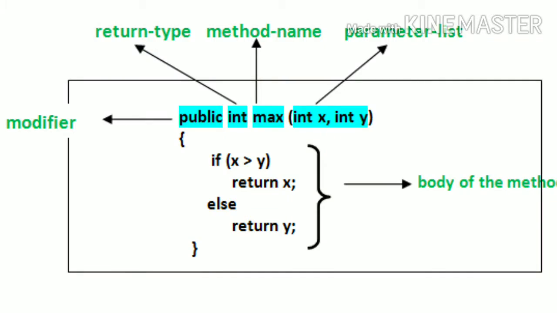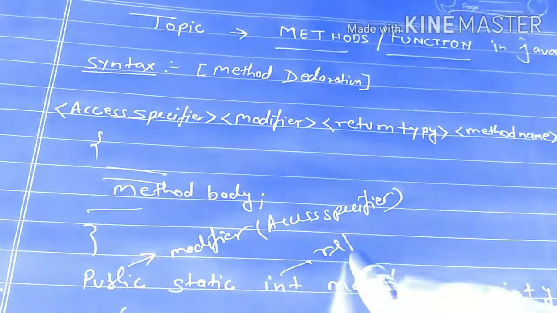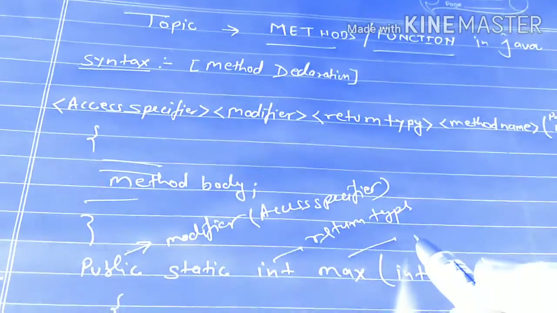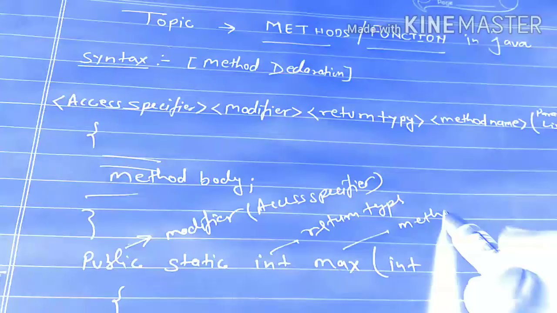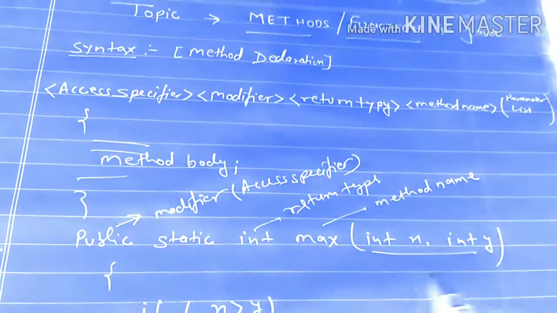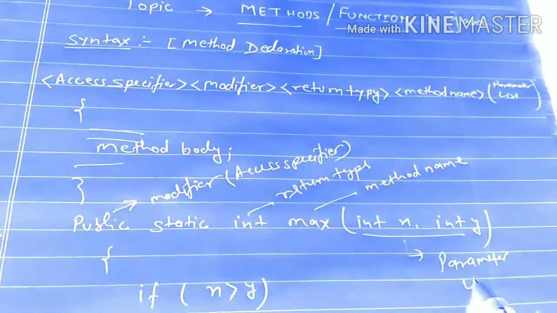So this is called a modifier, return type, and access specifier. This is called the method name, and this is called the parameter list.